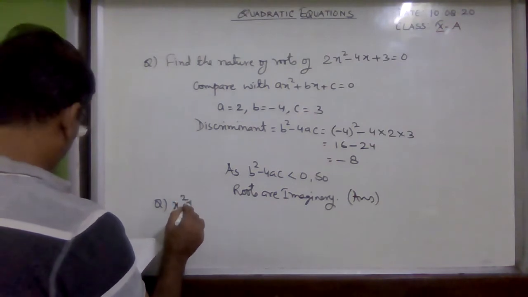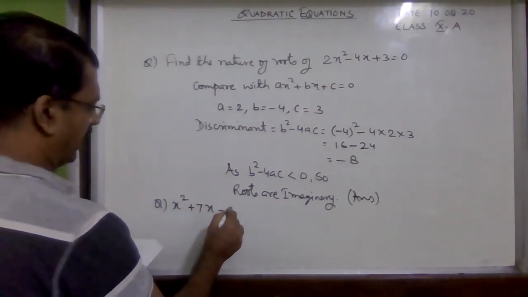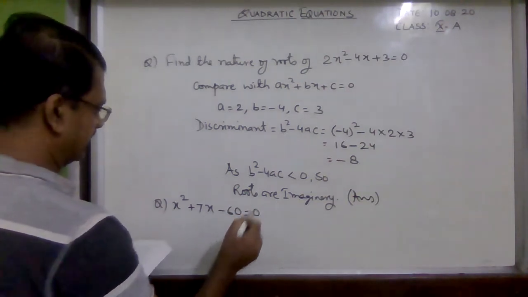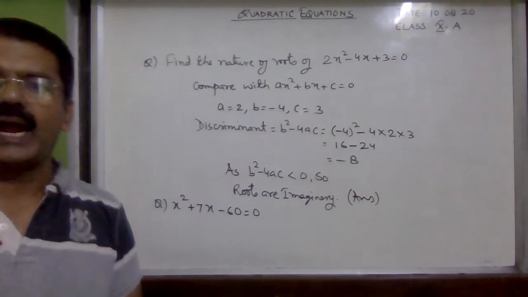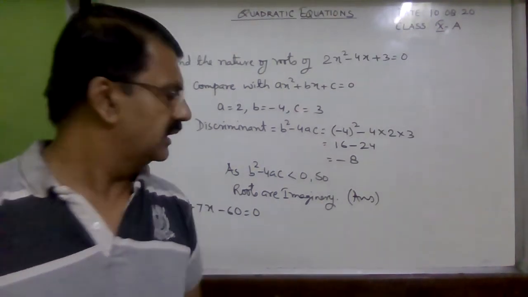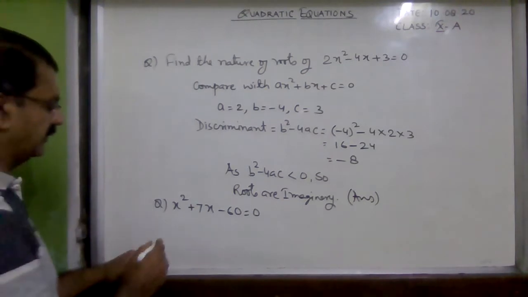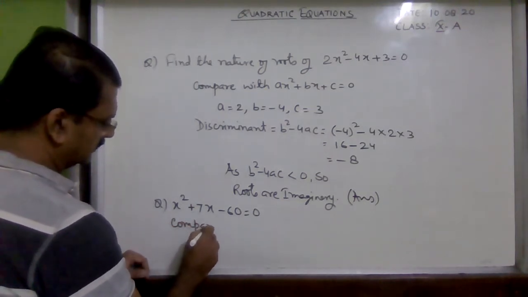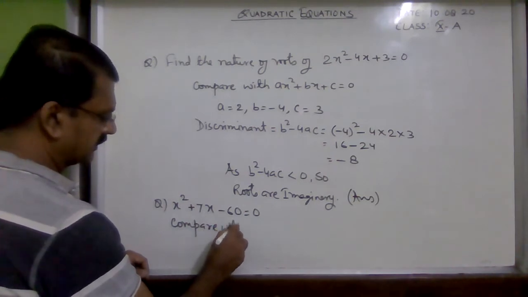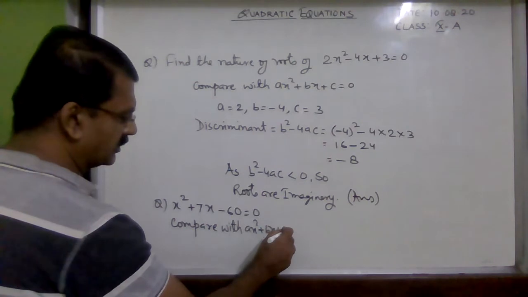X square plus 7x minus 60 is equal to 0. Now this is the quadratic equation and you have to find the nature of the roots of this quadratic equation. So what we do, compare with ax square plus bx plus c is equal to 0.